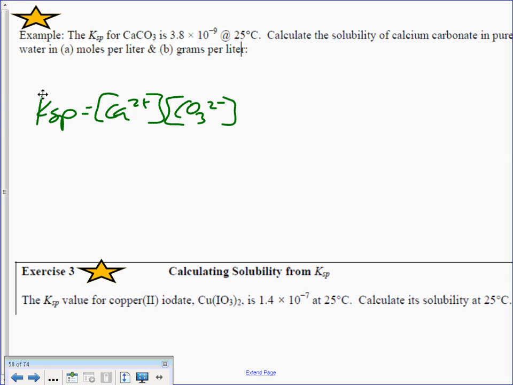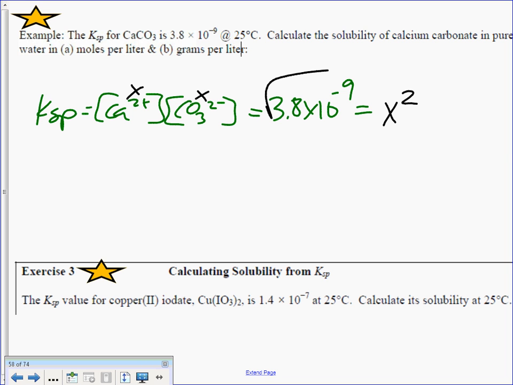When I make them, I make equal quantities of each of them, so I get to call that X and X. So my KSP, which is given as 3.8 times 10 to the negative 9th, is equal to what in terms of X's? X squared, because I'm making equal amounts of this and this in solution. So then how would you solve for X?